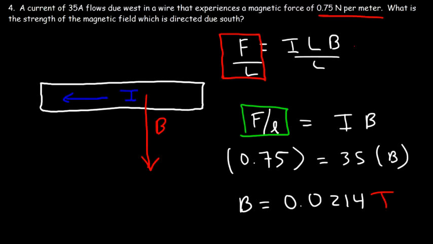Now, what is the direction of the magnetic force? We know the current flows west, the magnetic field is south, so the force is either into the page or out of the page. So what you want to do is direct your four fingers south and your thumb west, and the force should come out of the page.